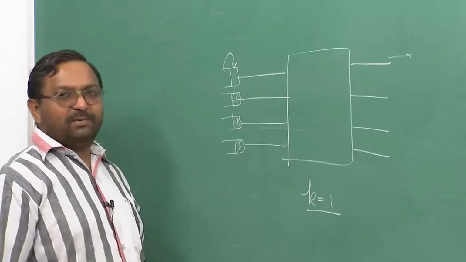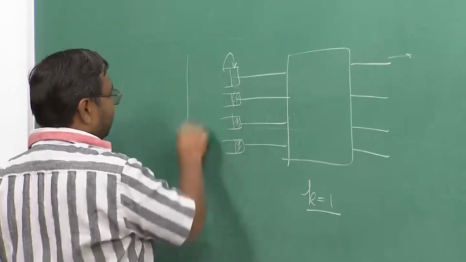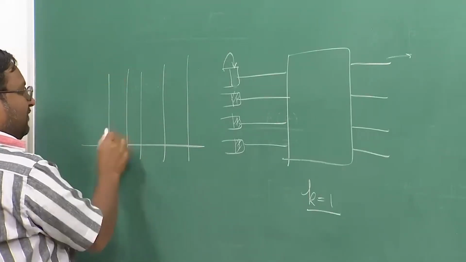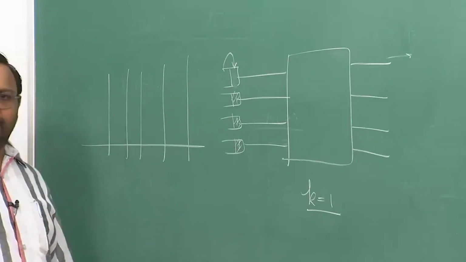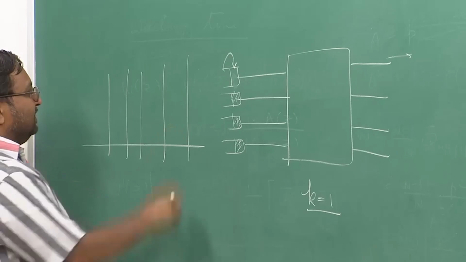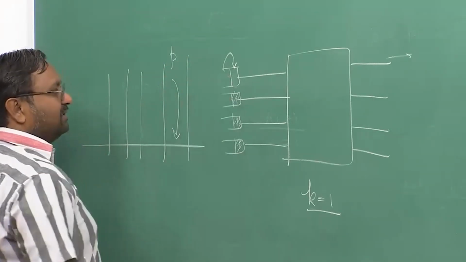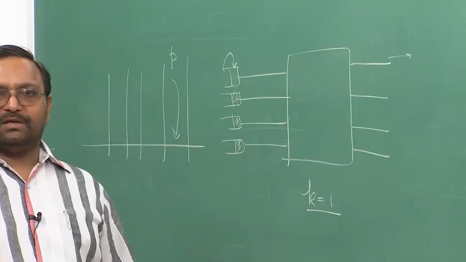So, the control variable for this switch is the probability that a packet arrives. Remember, your time is slotted, there are many slots, and in every slot a packet may or may not come for an input. So, I define the probability that a packet arrives in a time slot for an input as p.